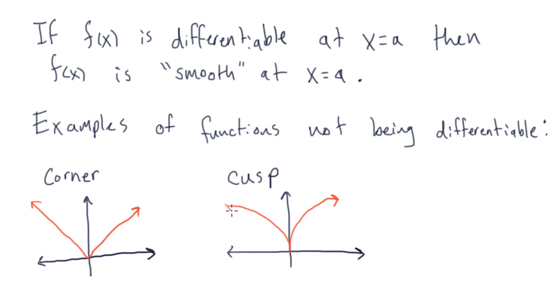So really, the left and right hand derivatives are becoming undefined. So the limits aren't existing, but somehow they're infinite. So one is approaching infinity and one's approaching minus infinity.